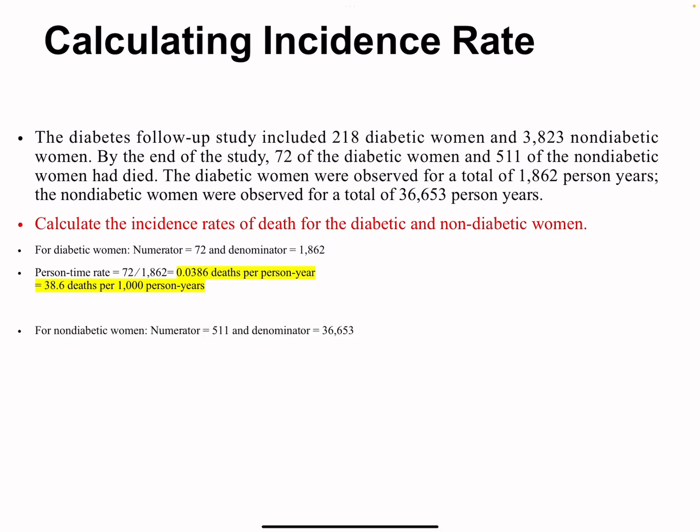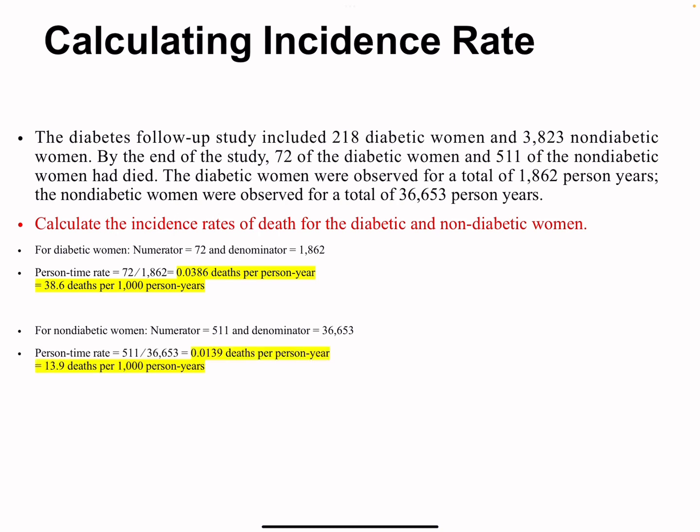The same is going to be done for the non-diabetic women. Here the numerator is 511 and the denominator is the total person-time of the non-diabetic studied population, which is 36,653.